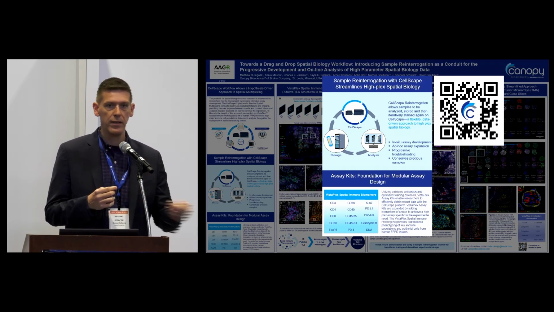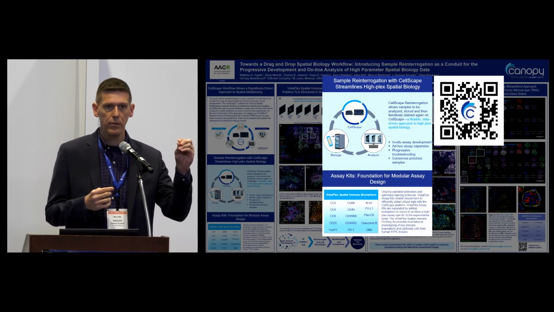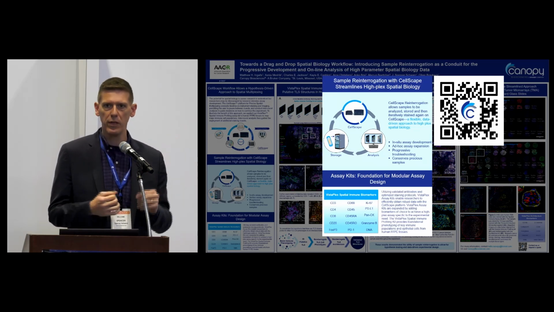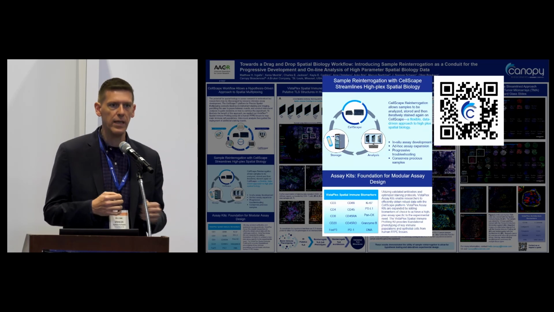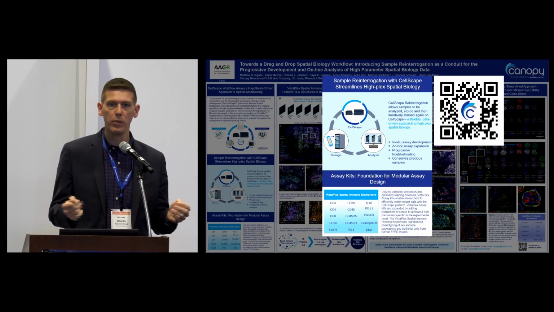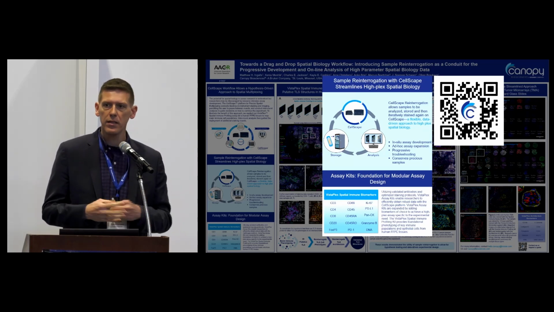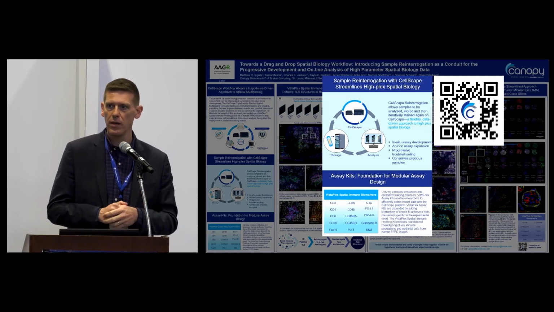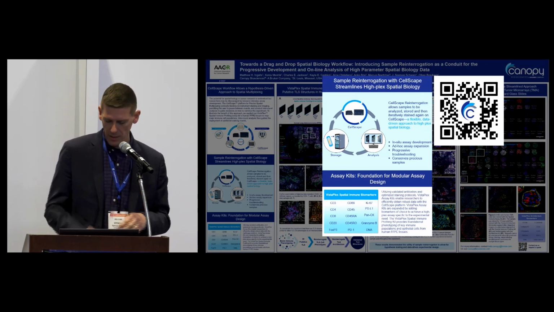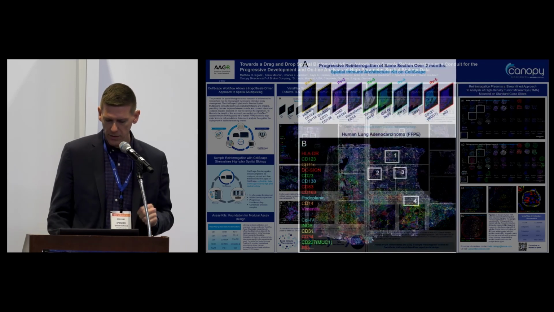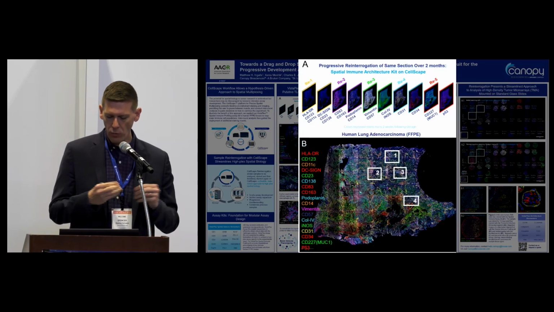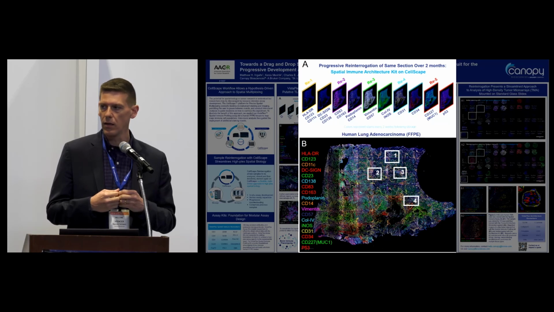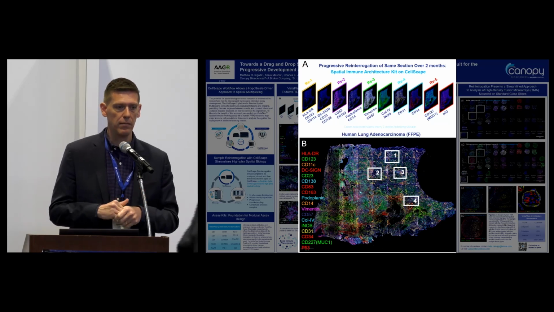So that allows us then to add the next round of signals so that we can build up these, say, 50 plexes as 5, 10, 15, 20, and it massively decreases the complexity of these assays. The other thing it does is let you take a very logical and planned and hypothesis-driven approach when you actually deploy these assays. So if we take a look at this data set, what we've actually done is taken our base immune profiling panel.